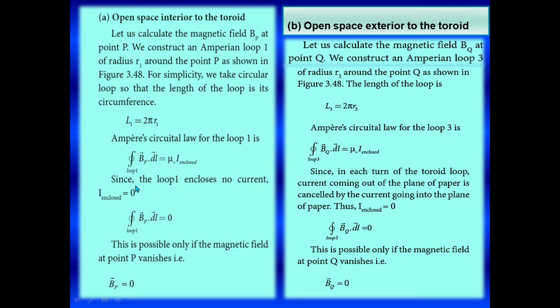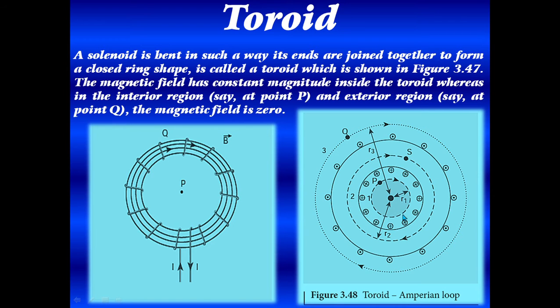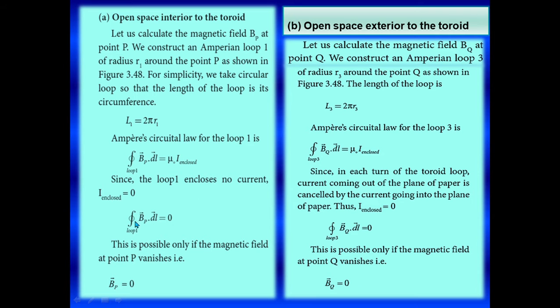Since the loop 1 encloses no current, I enclosed is equal to 0, because no current is passing through this loop on the inner side of the toroid. So the line integral over loop 1 of BP vector dot dl vector is equal to 0.